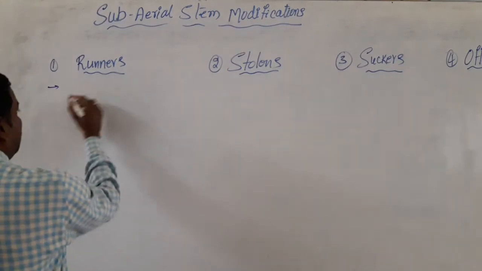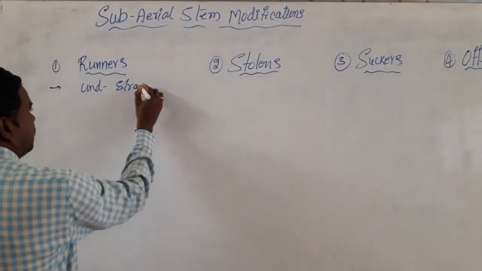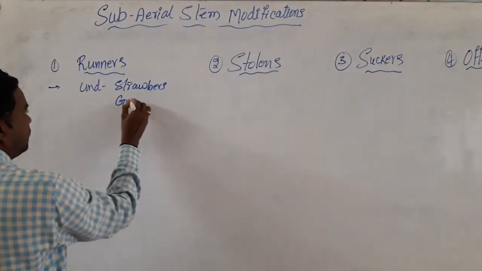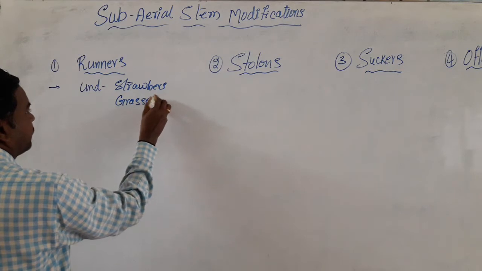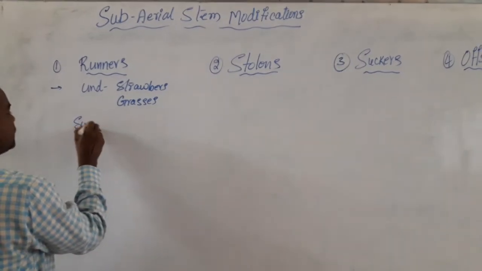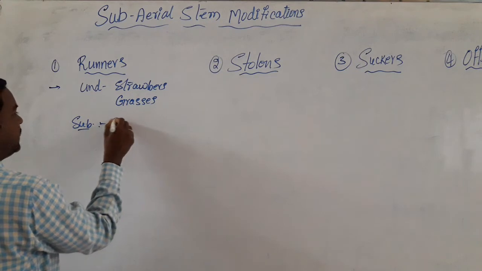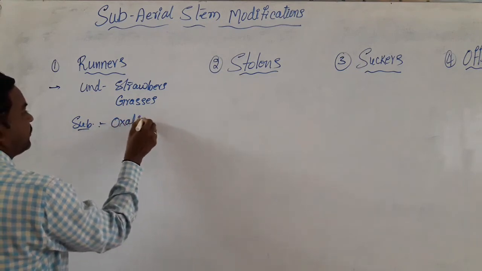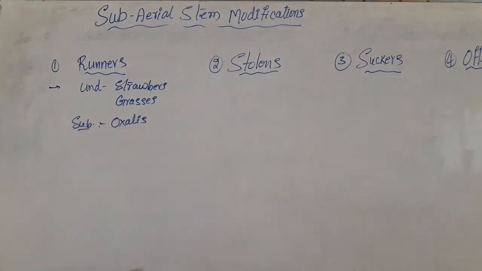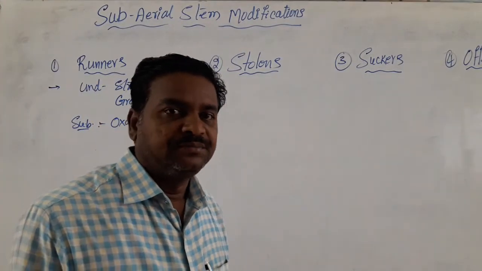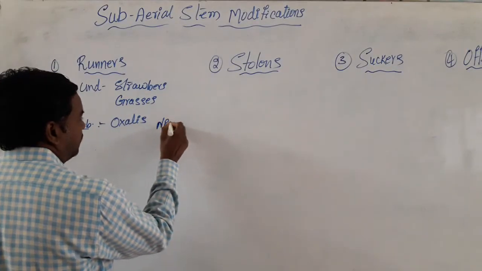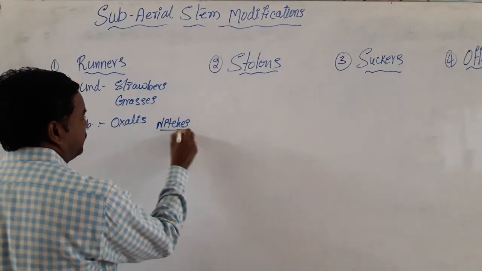Students, underground stems in strawberry and some grasses, and subaerial stems in oxalis, produce new niches.